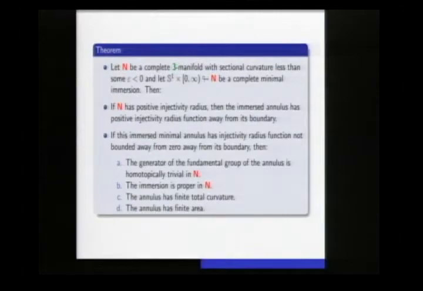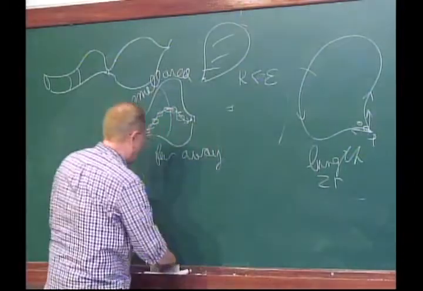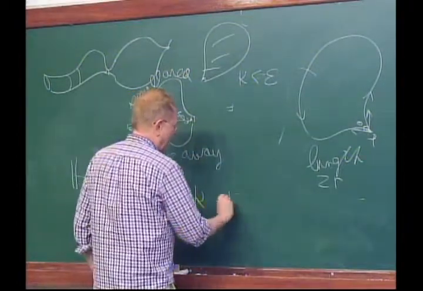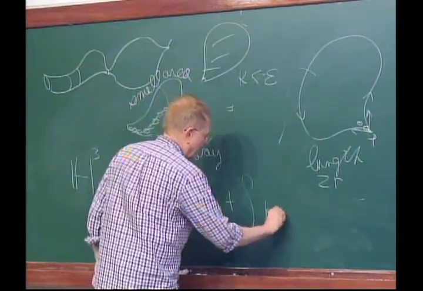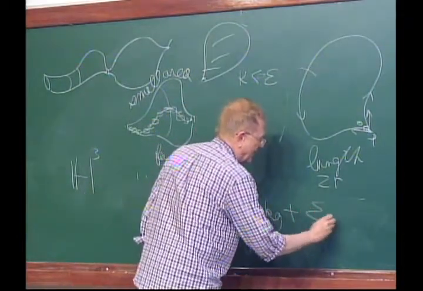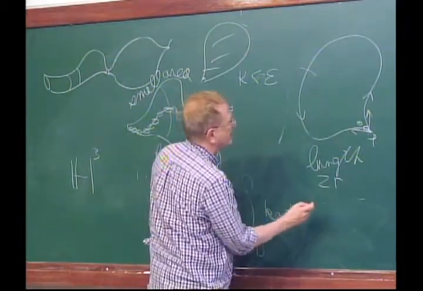I really wish I had done this before. Okay, so we have the integral of K over the disk plus the integral of the geodesic curvature over the boundary of the disk plus the sum of the exterior angles.